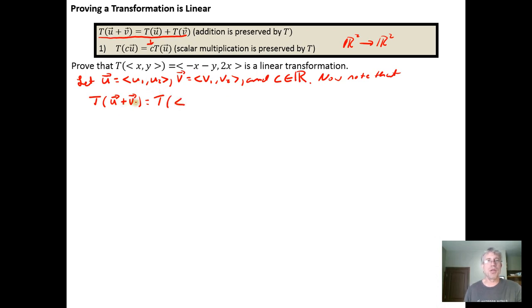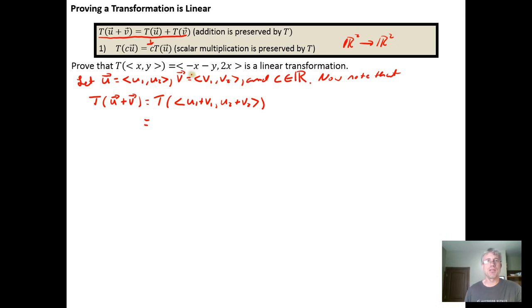The sum u plus v is going to be u sub 1 plus v sub 1 in its first component, and u sub 2 plus v sub 2 as its second component. Use vector notation there. Let's go ahead and apply the transformation to the vector that is the sum of u and v.